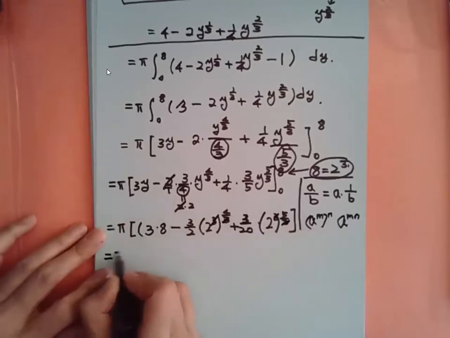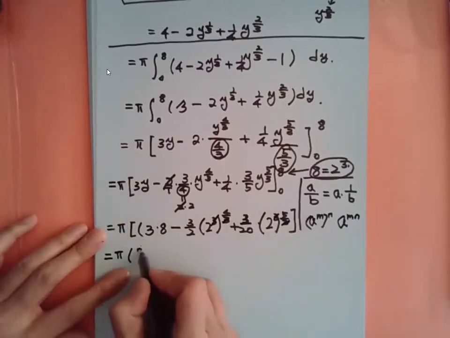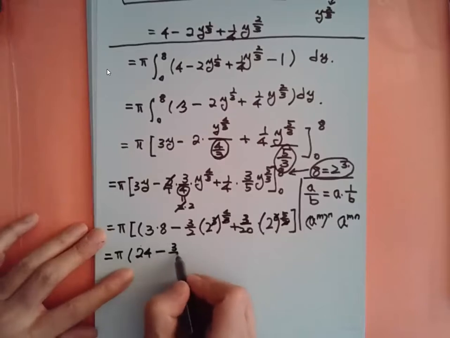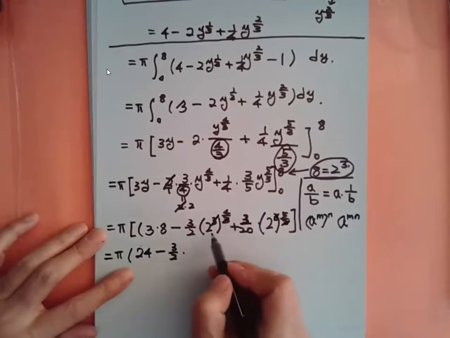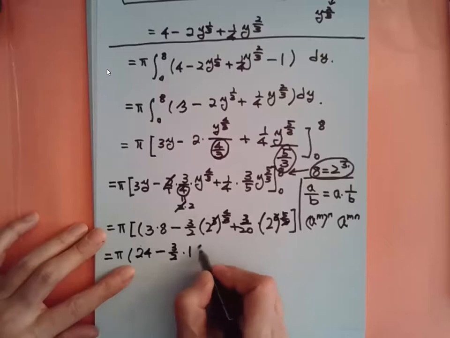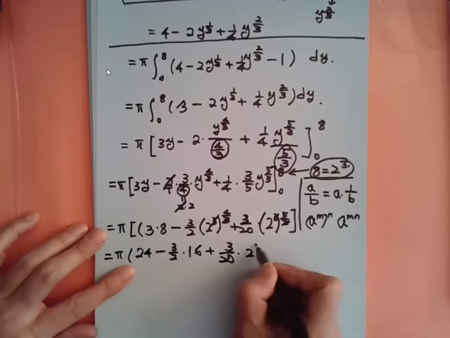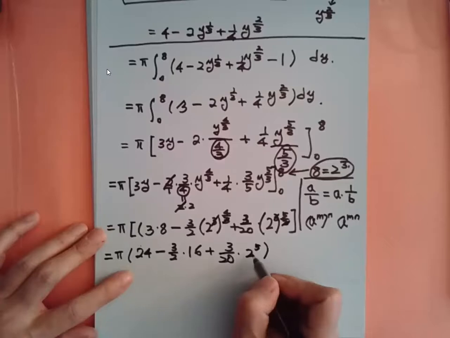So we get pi times 24 minus 3/2 times 2 to the 4th power, which is 16, plus 3/20 times 2 to the 5th power, which is 32.